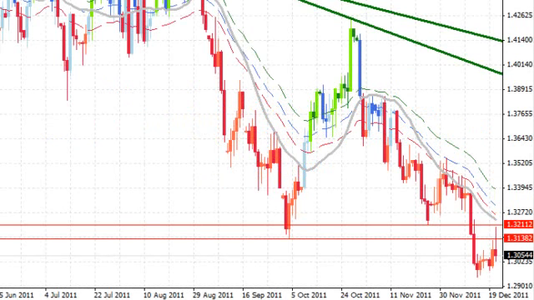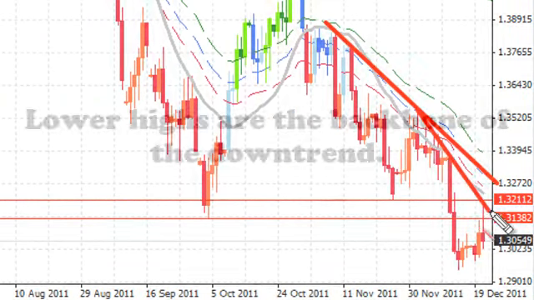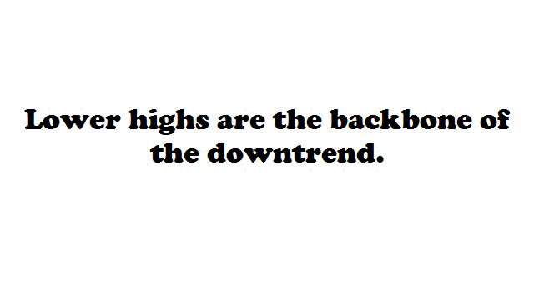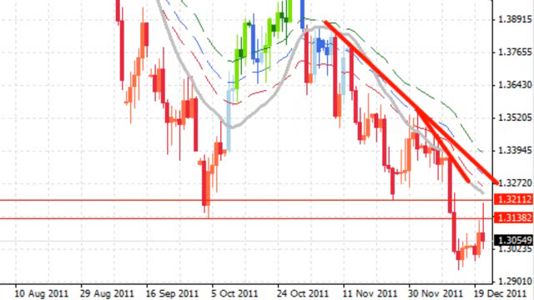With a clear bearish directional bias, what you have most likely is the culmination of usually lower highs as well as lower lows. Now, the lower highs are the backbone of the downtrend. That's the backbone, the lower highs, the selling pressure. The lower lows help keep the bearish momentum and sentiment alive.